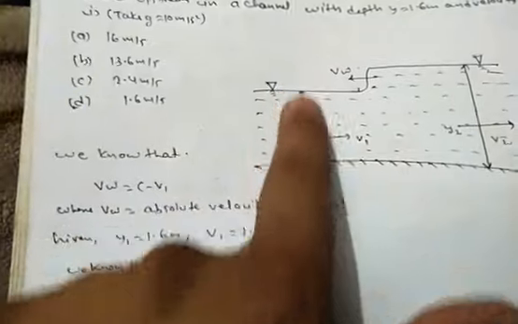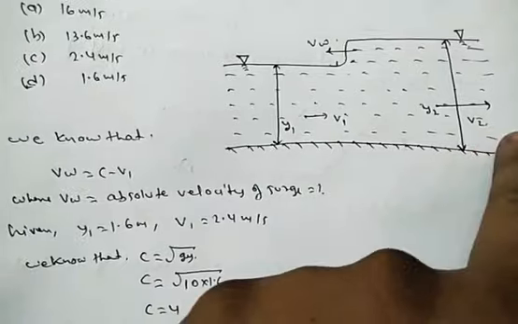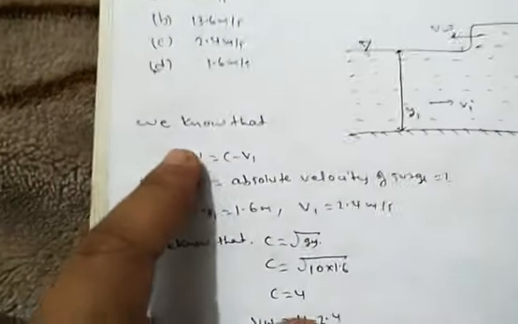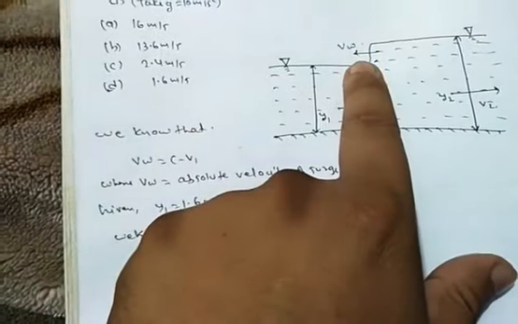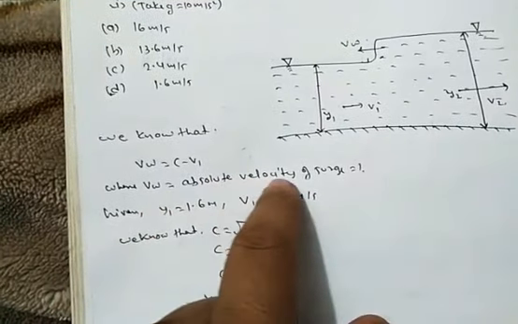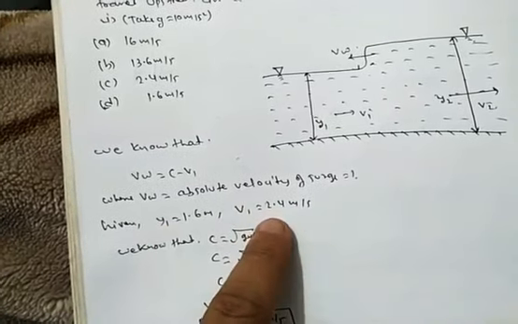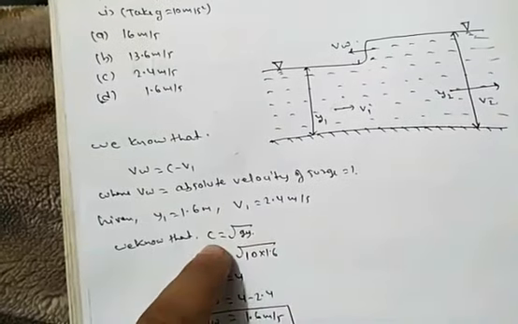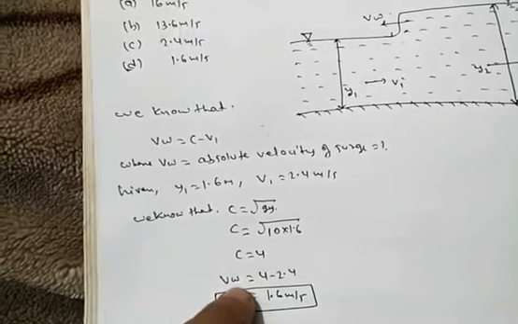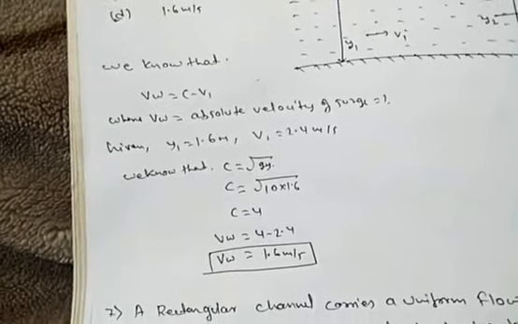In this diagram, y1 and y2, velocity v1, velocity v2. In the solution of this question, the absolute velocity of surge Vw equal to c minus v1, where y1 and v1 are given, and we know that c equal to under root g y. Solving, c equal to 4, and Vw equal to 4 minus 2.4, Vw equal to 1.6 meter per second.